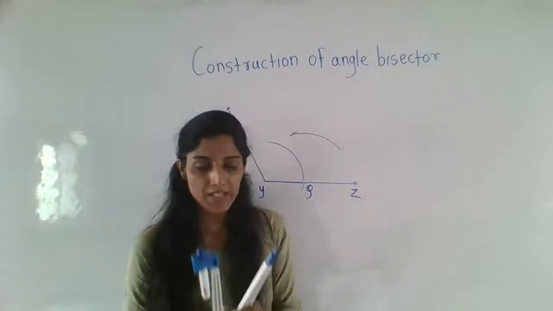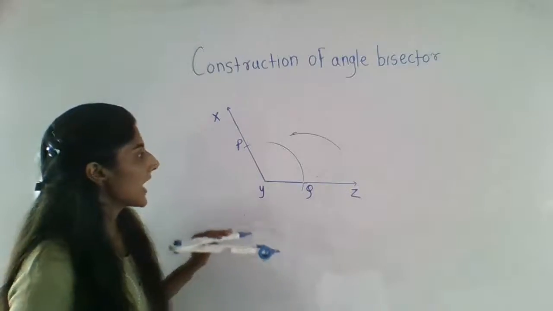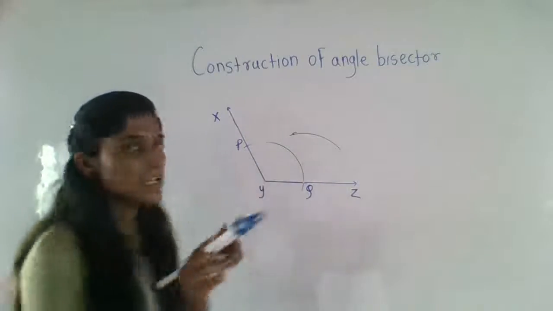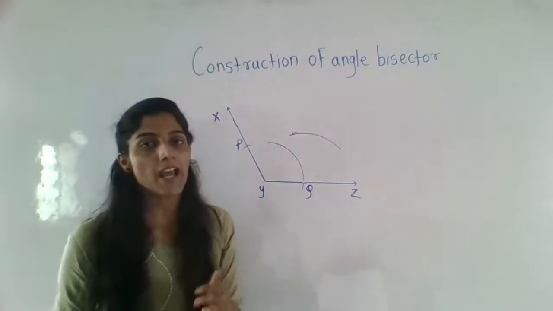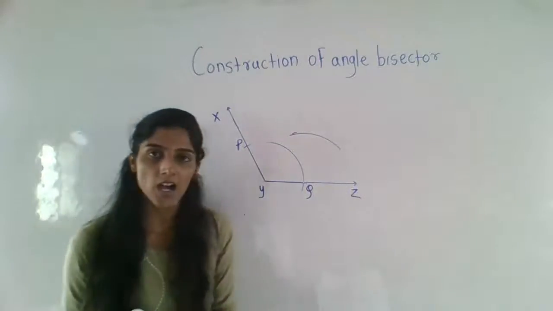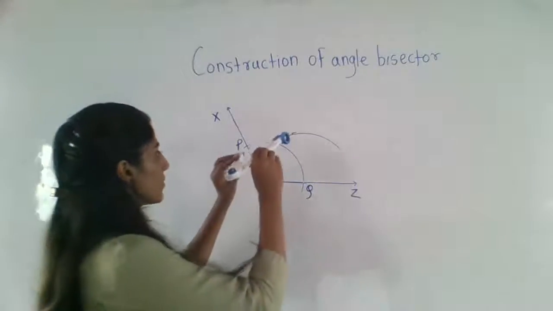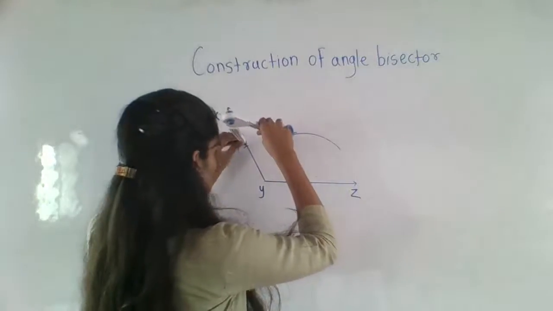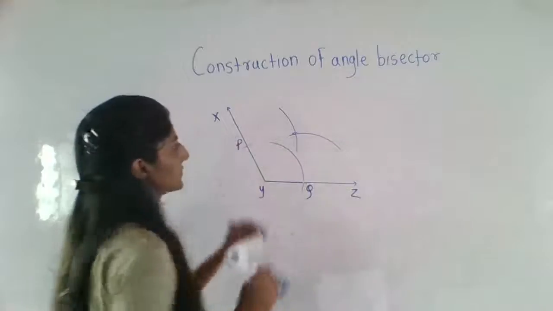Now with the same distance, don't disturb this, and keep the point of the compass on the second intersection point of ray and arc and draw an arc which cuts the previous arc. Okay, so keep this point on Q and draw an arc which cuts the previous arc.